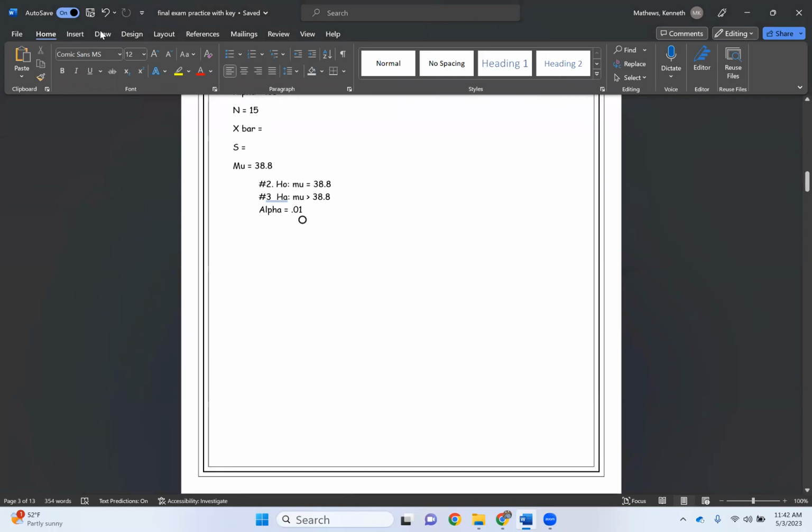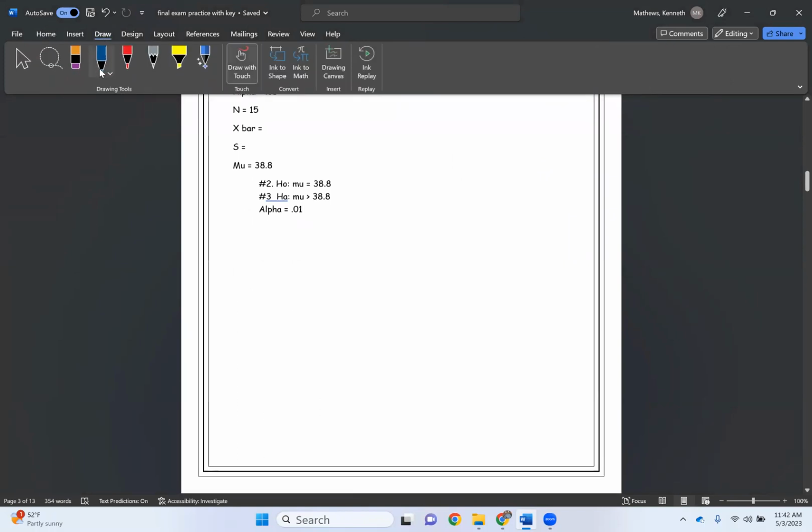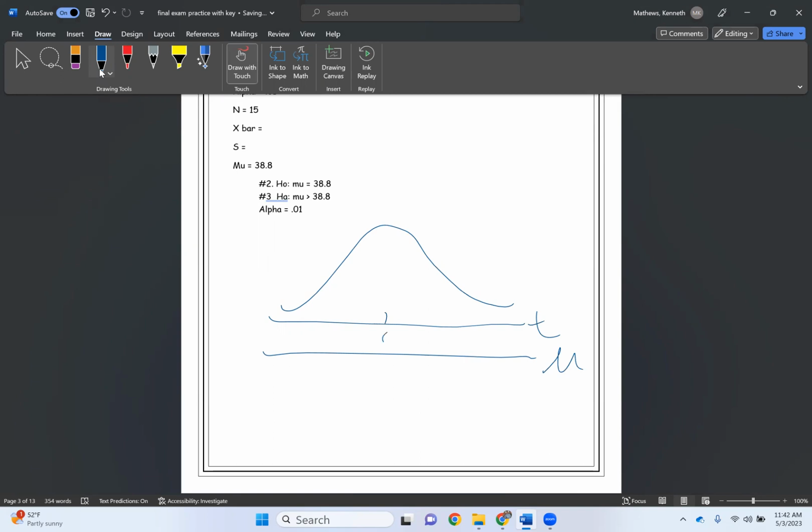So now I'm going to do a little draw. All right, so we have our T. And down here is our mu. So this would be 0. This would be 38.8. 0.01 out here and 0.99 in here.